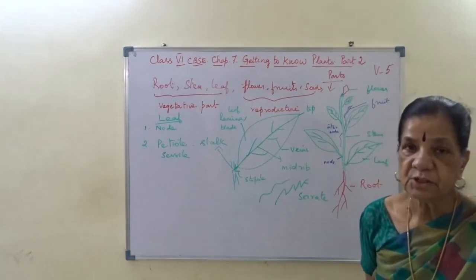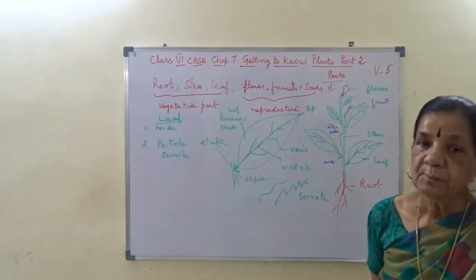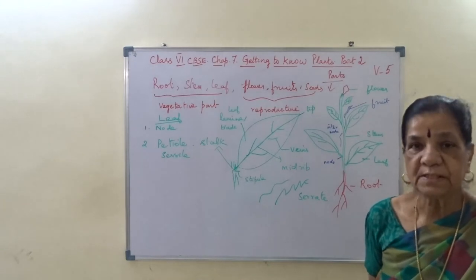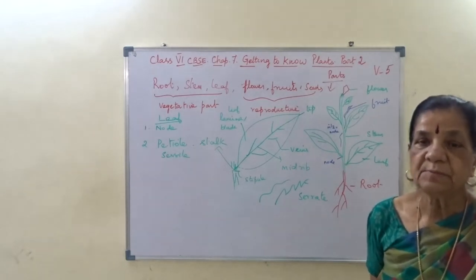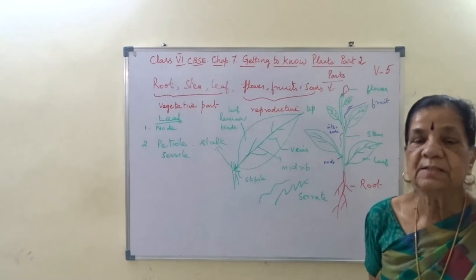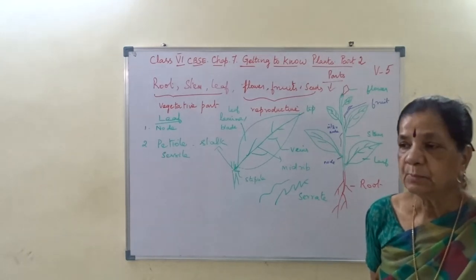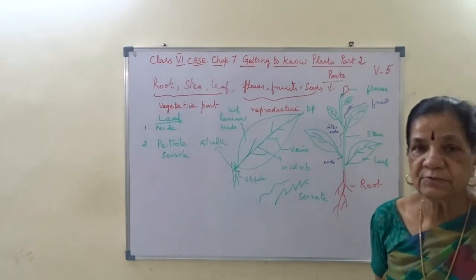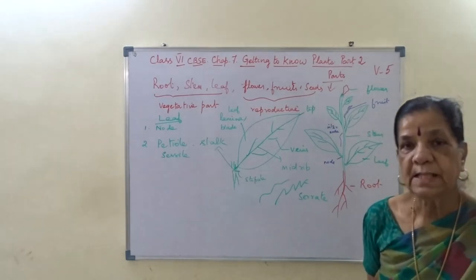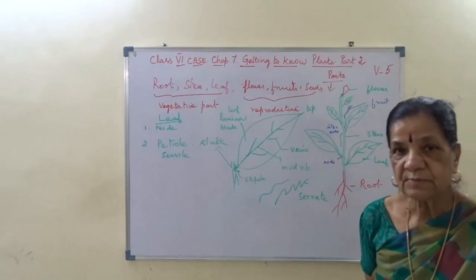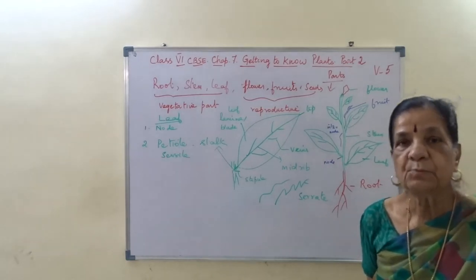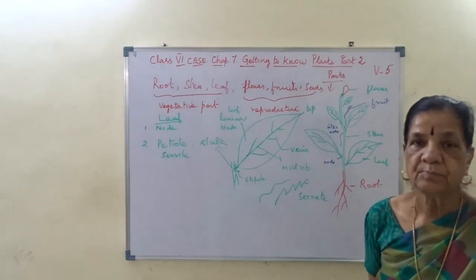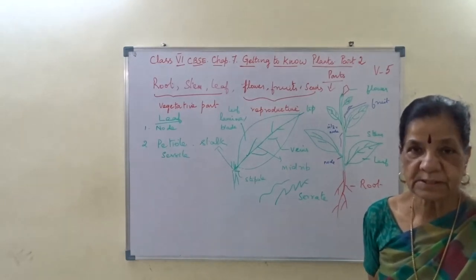Right? And continuation of the petiole is called the center strong midrib, and from the midrib arise lateral veins. Right? And the broad flat portion of the leaf is called leaf blade or leaf lamina, and margin of the leaf is called leaf margin. Tip of the leaf is known as leaf tip. I hope you understand these scientific terms.